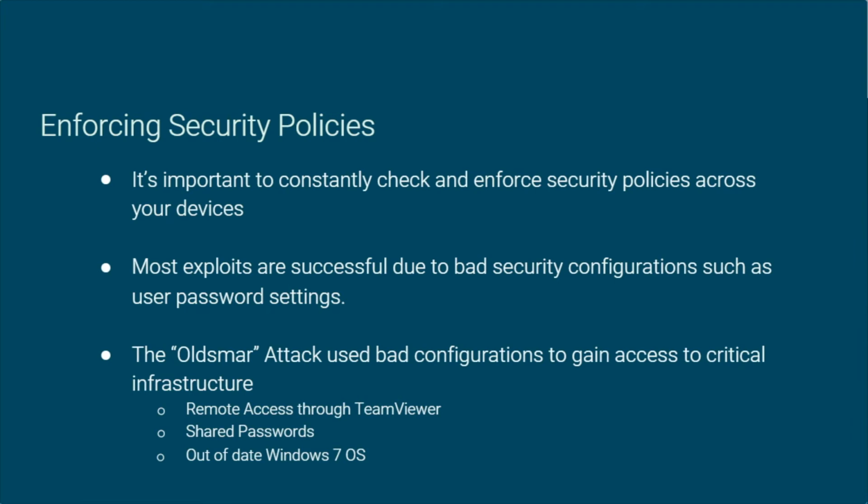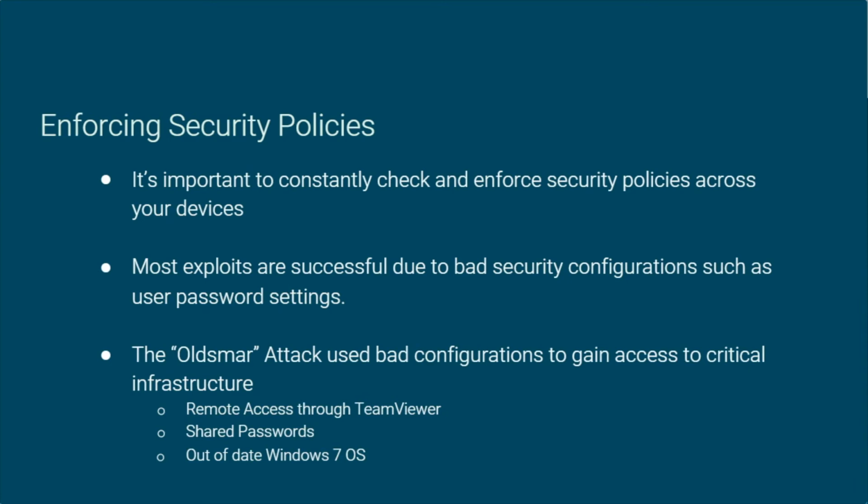And it's all due to simple things like remote access being enabled, bad out-of-date OSs, like running Windows 7 devices, not protecting passwords and passwords being shared amongst users. These are simple things. These aren't complex configurations that you have to do across your infrastructure to protect against these very complex exploits. No, these are just, I didn't have a password set correctly and then I got exploited.